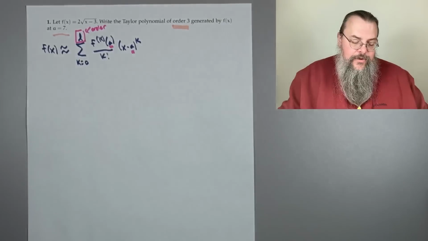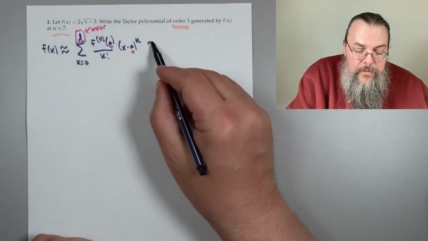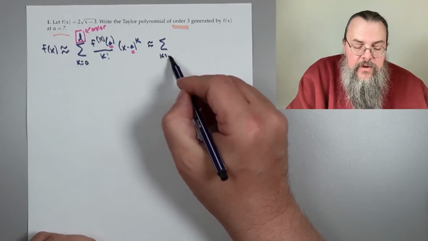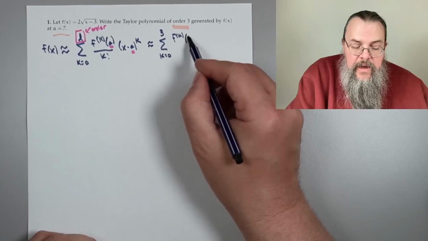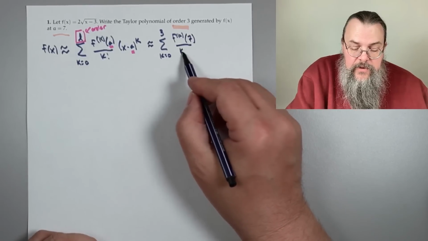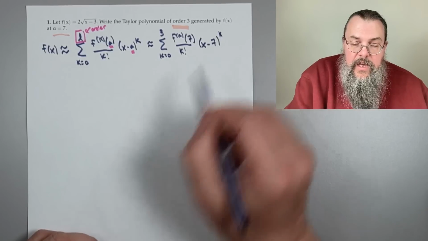All right, so that is to say that for us, and remember these are all approximations to f, we're going from 0 up to 3, the kth derivative at our point 7, divided by k factorial, never forget that k factorial, times x minus 7 to the k.